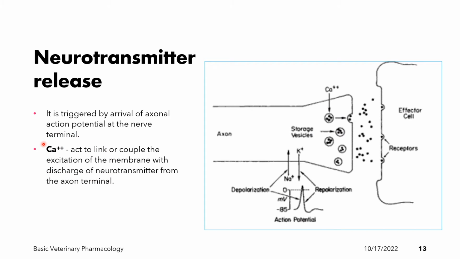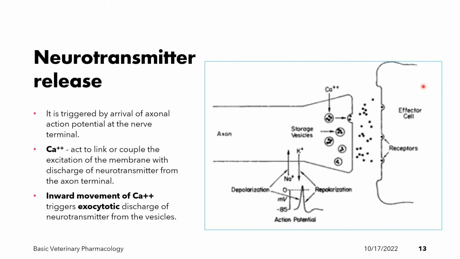The calcium ions act to couple the excitation of the membrane with the discharge of the neurotransmitter from the axon terminal. Again, this is a schematic diagram of our axon terminal. We have our synapse, synaptic cleft, and the effector cell that contains the receptors.